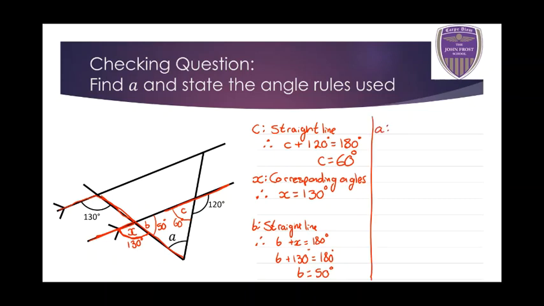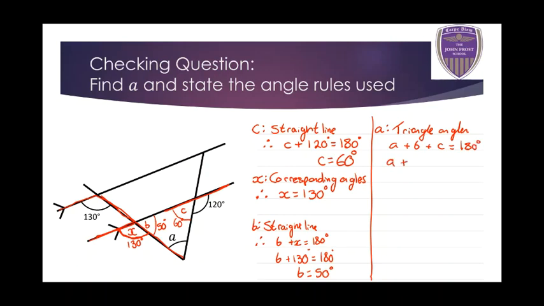Now for A, like we noticed at the start, we've got a triangle here. So the rule we're going to use is triangle angles, and these all add up to 180 degrees. So A plus B plus C equals 180 degrees. We don't know what A is.